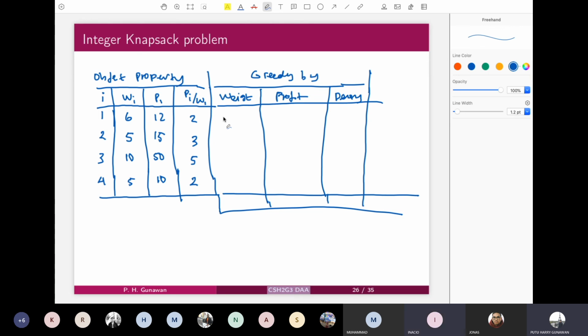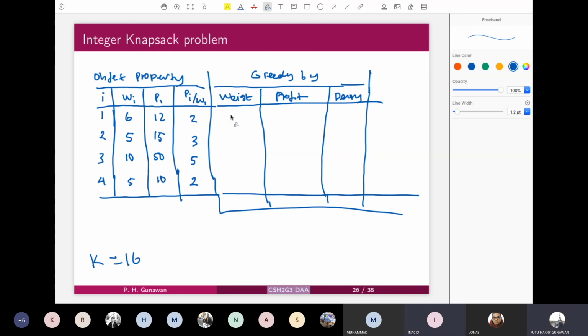Okay. So greedy by weight, that means you pick the smallest weight, since that you will get the maximum number of items. If you get the maximum number of items, then you expect to have the optimal solution. Do you got the problem?